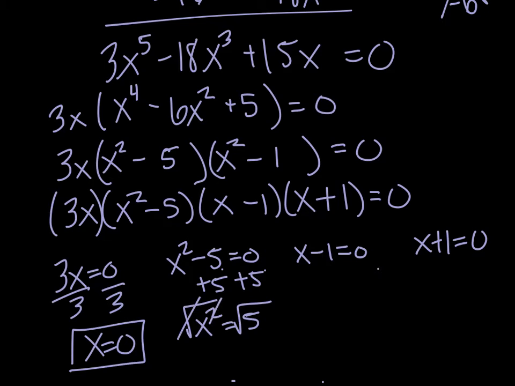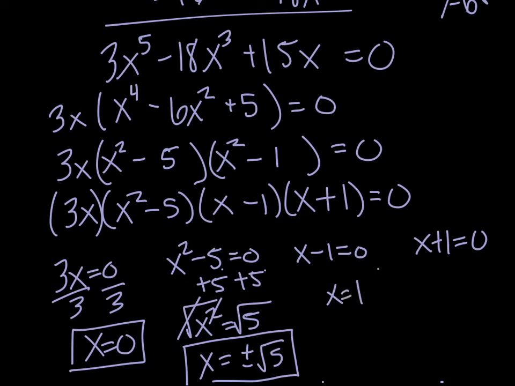So by taking the square root, that will give us just x. We can't really break down the square root of 5, so it just stays plus or minus, positive or negative, whatever the value of square root 5 is. Here, if we add 1, we get x equals positive 1. And here, if we subtract, we get x equals negative 1.